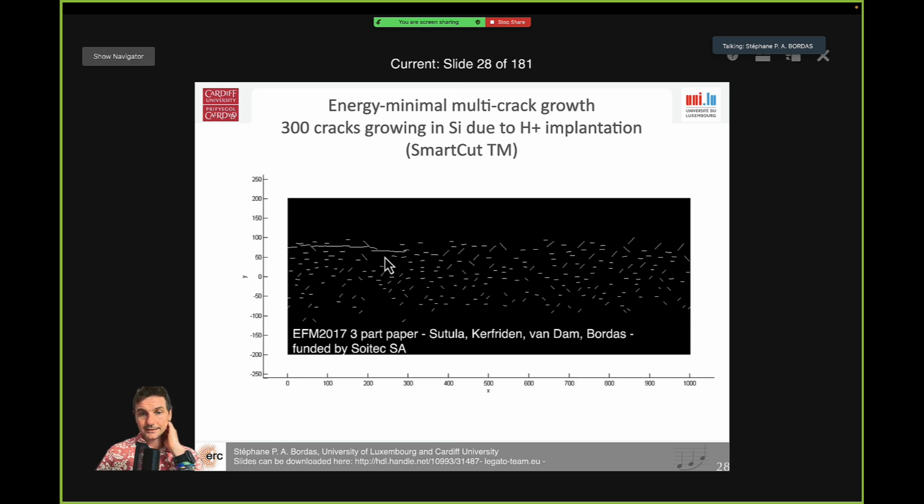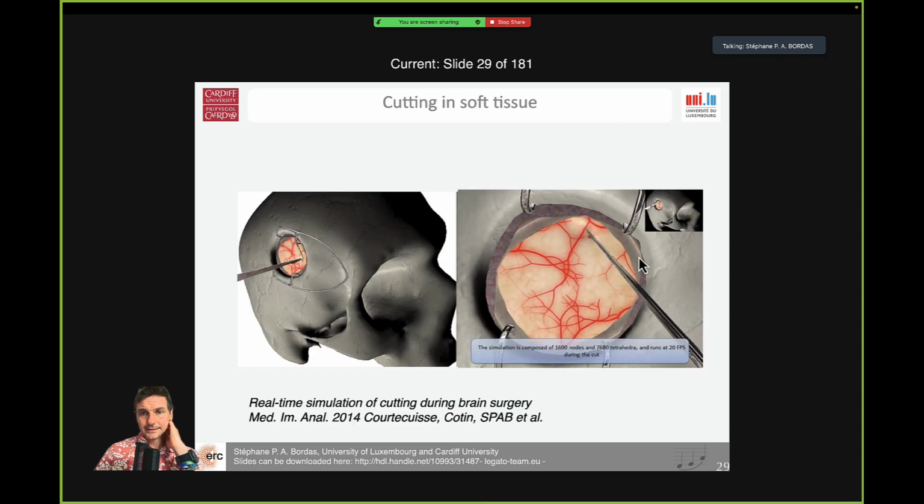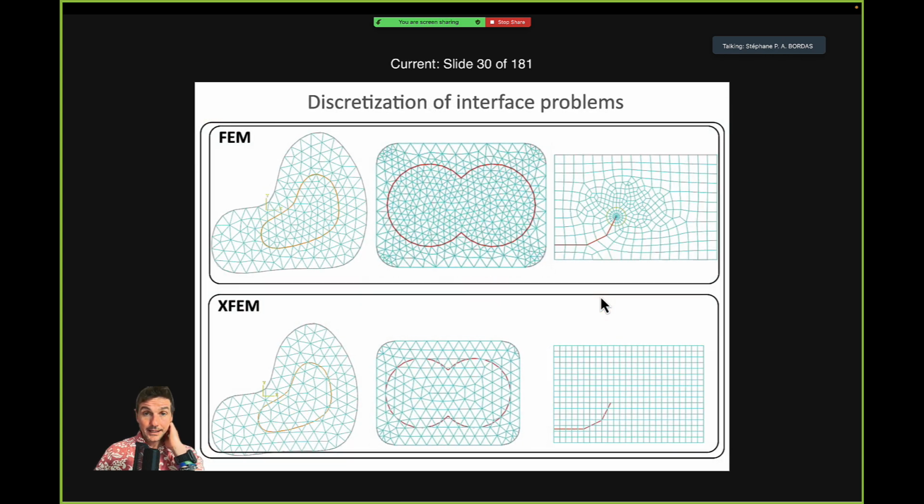And as you can see, it starts here, but then at some point, the most optimal crack is not here anymore. It starts to grow next to it, and so on and so forth. It's a very complex problem to solve, and Dennis did that very simple MATLAB code, well, not so simple, but very beautiful work that he did. Again, cutting in soft tissue that I've already talked about today.